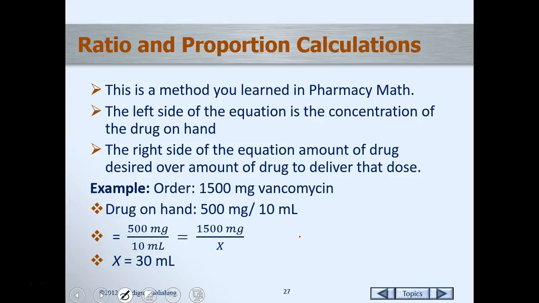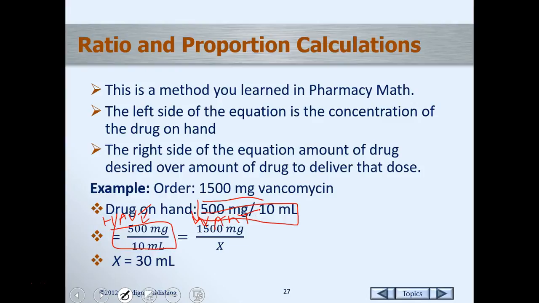The left side of the equation is the concentration of the drug we have on hand. So always start with what you know on the left. That would be our concentration of the drug. So we use that as our setup. We want the right side to be what we need. So this is what we have, and this is what we want.